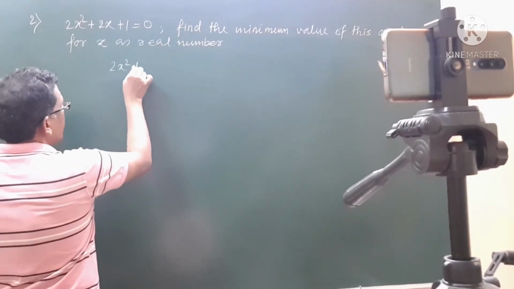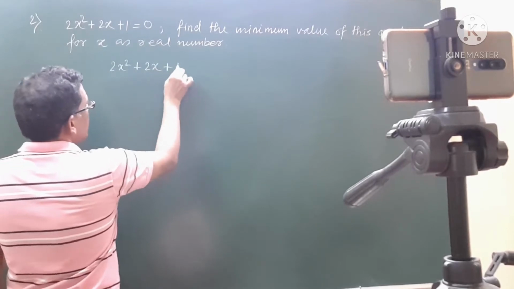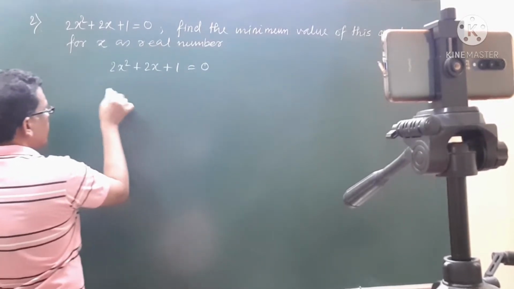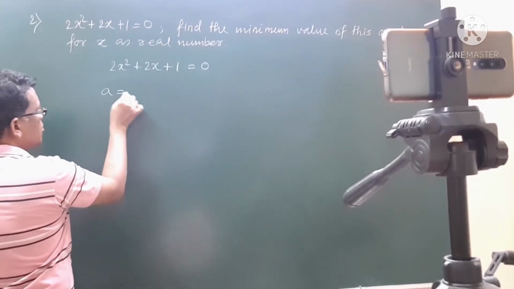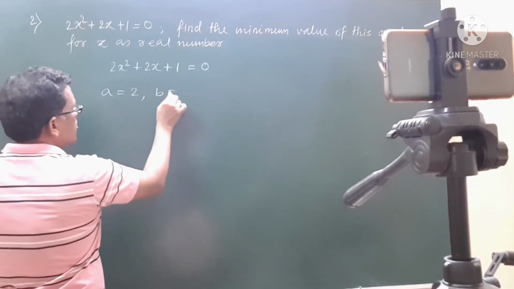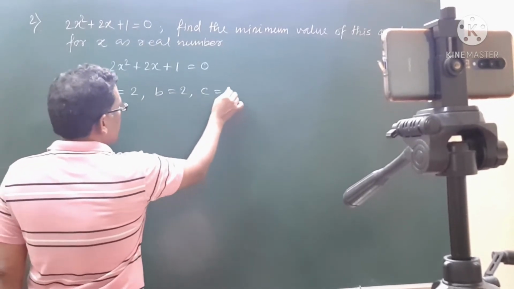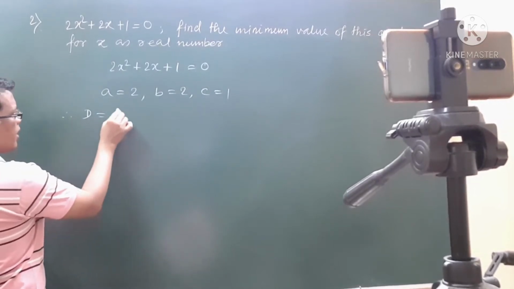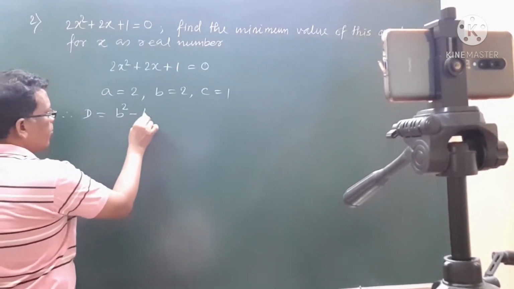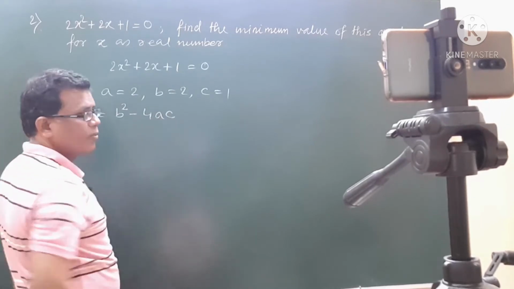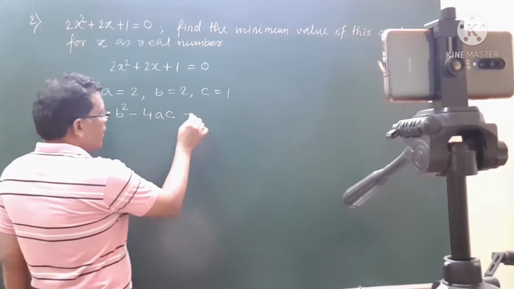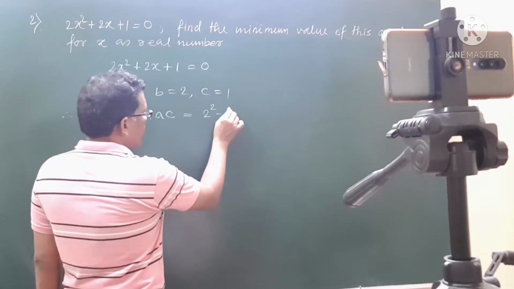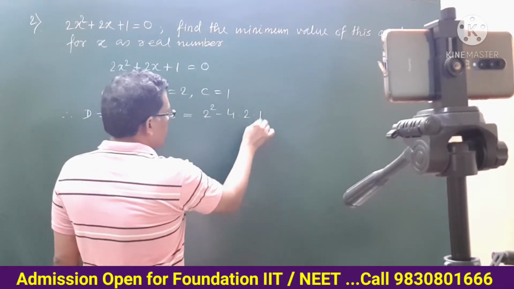So 2x square plus 2x plus 1 equal to 0 is given. We know that a is 2, b is also 2, c is 1, right? So the corresponding discriminant value of the quadratic, as per the format b square minus 4ac, will be 2 square minus 4 into 2 into 1.